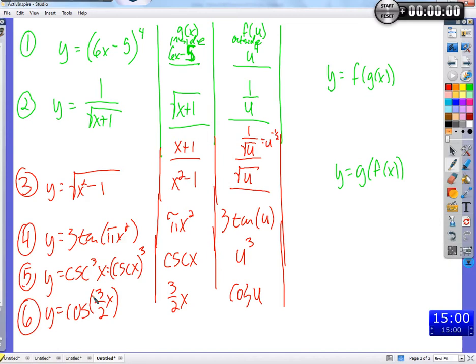So what about 5? Wouldn't it be cosecant cube of x? Well, it's cosecant cubed of x to start with, which all means is: take the cosecant of x and then cube it. So now you can see cosecant of x is inside parentheses, and the parentheses is being cubed.